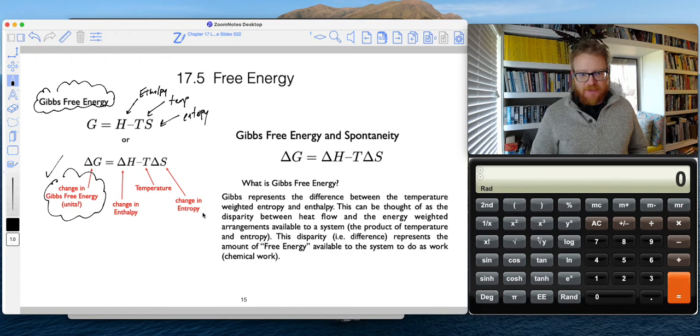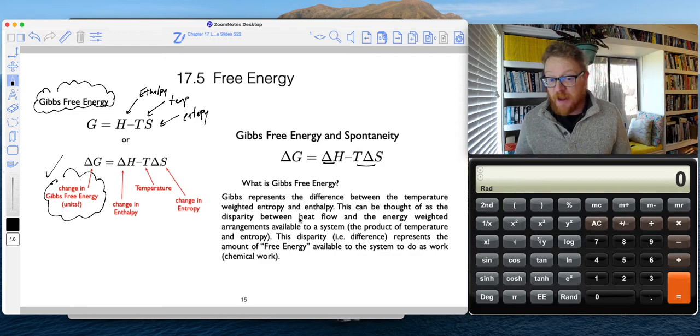So what is this conceptually? Well, Gibbs represents the difference between temperature-weighted entropy, so all I mean by that is temperature times entropy, minus enthalpy. So this can be thought of as the difference between heat flow and the number of arrangements available to the system. So think about that.